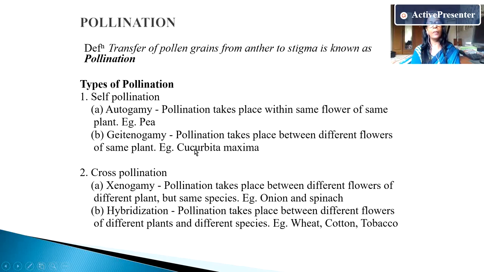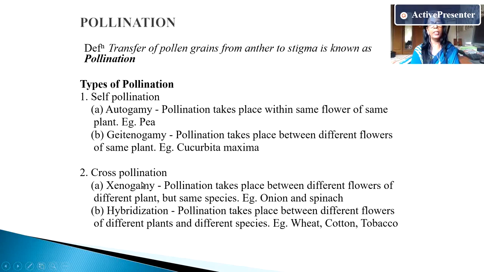Geito means neighbor, so neighboring flowers are getting pollinated. Here auto means self: same flower, same plant. Here different flowers but the same plant, for example Cucurbita maxima. So the two types of self-pollination are autogamy and geitonogamy.